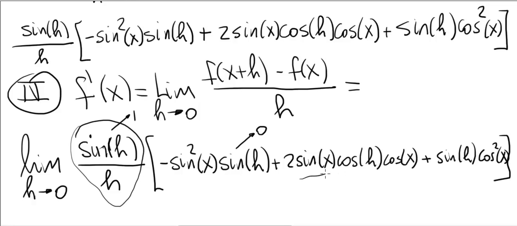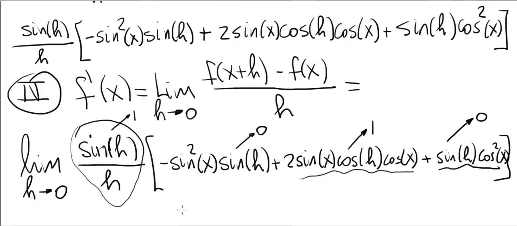In the second term, we have cosine of h. As h goes to 0, that heads to cosine of 0, which is 1. And then here, we also have sine of h, which is heading to 0 as h goes to 0. So when we look at this, the only thing that survives is, in the middle here, 2 sine x cosine x.